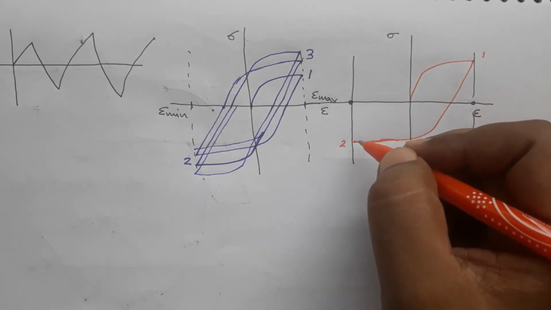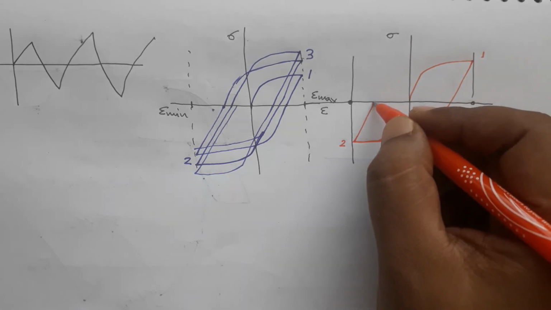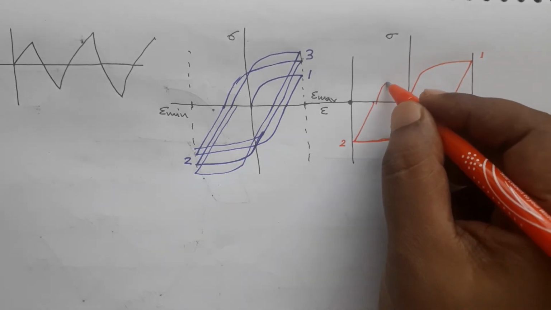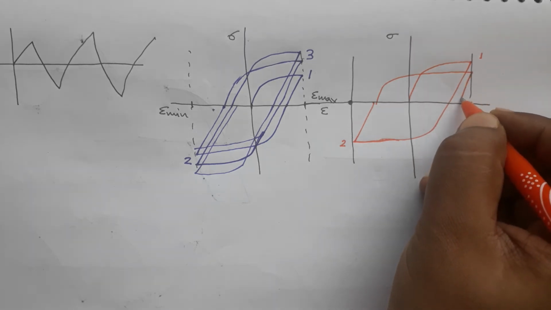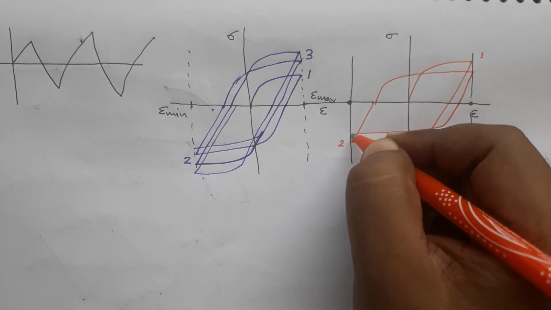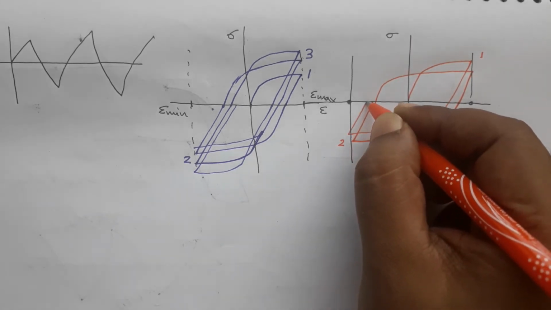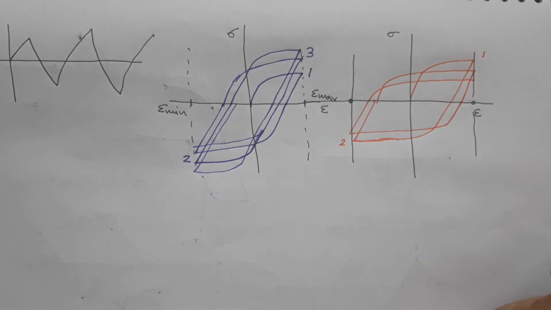In the next one, you unload it, it goes to the same slope, and in the next one it goes to a smaller value of stress, and then you unload it, and then it goes to a further smaller value of stress, then you unload it, then it goes to a further smaller value of stress, and so on.